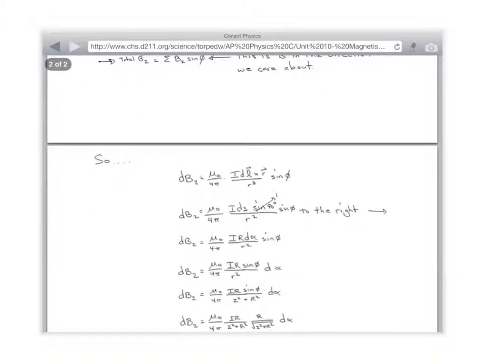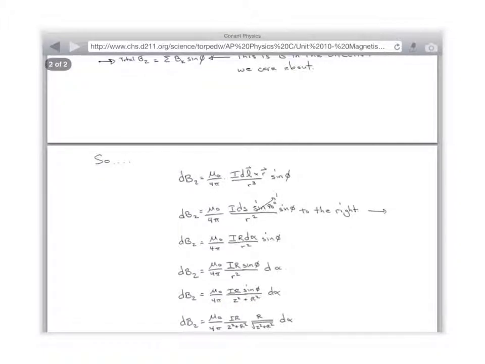So here we go. Instead of writing dS, or dl, we write R d alpha. So we've got mu naught over 4 pi, I times R d alpha, still sine phi, over lowercase r squared. Then we say, well, we already know what little r is, which by the Pythagorean theorem is the square root of z squared plus capital R squared.